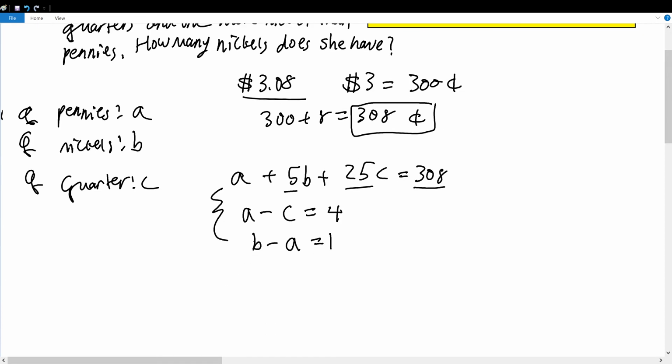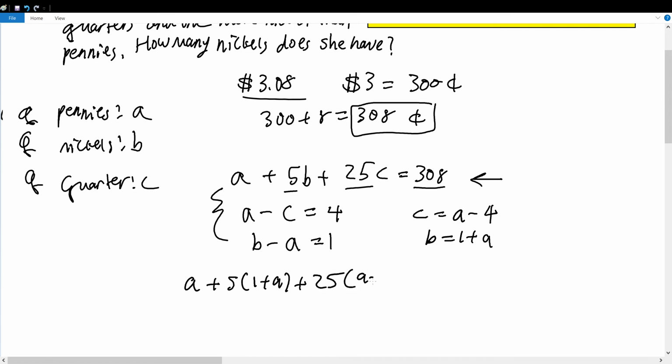First, I think the best way personally is to do substitution into this giant equation, and I'm going to do it all in terms of A. So C is equal to A minus 4 and B is equal to 1 plus A. From substitution, we get A plus 5 times (1 plus A) plus 25 times (A minus 4) must give 308 cents.